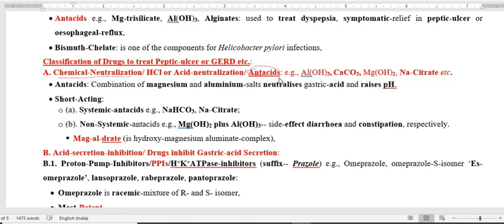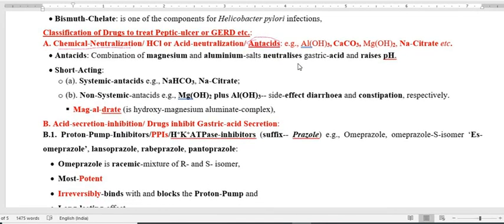For this chemical neutralization, we are using chemicals that act non-systemically, or some of the agents get absorbed systemically, so they are called systemic antacids, and the ones that are not absorbed or less absorbed are called non-systemic antacids.